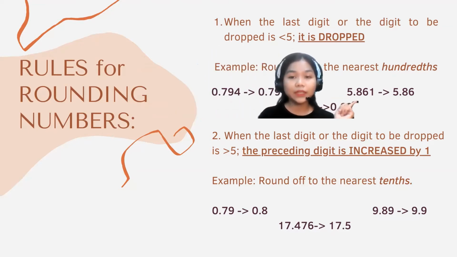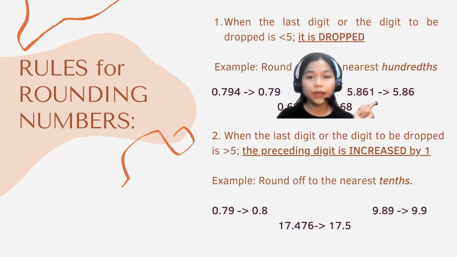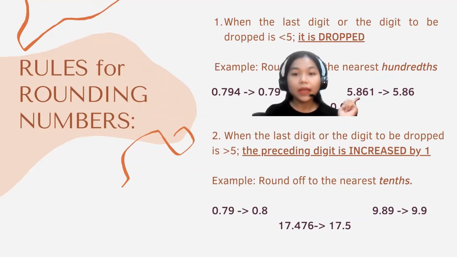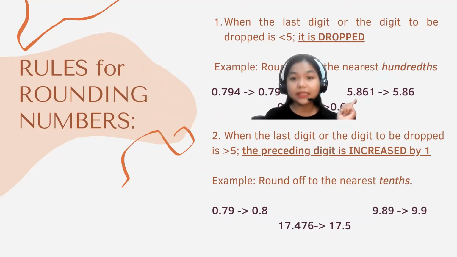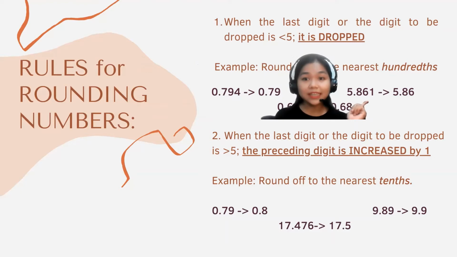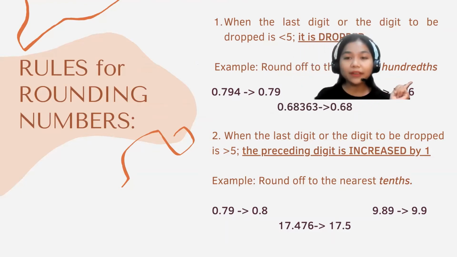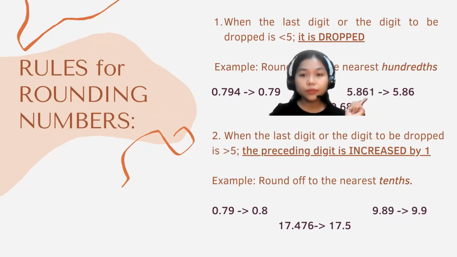Another example is 5.861. Again, what's the place value of 5? Okay, it's ones. You're correct. 8, it's tenths. 6, it's hundredths. And 1 is thousandths. So again, we are required to round this off to the nearest hundredths.